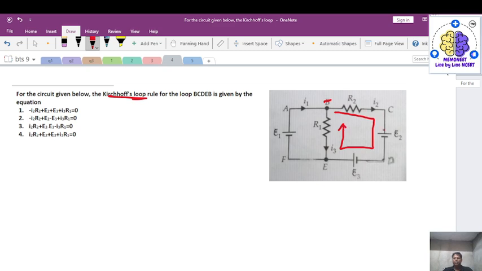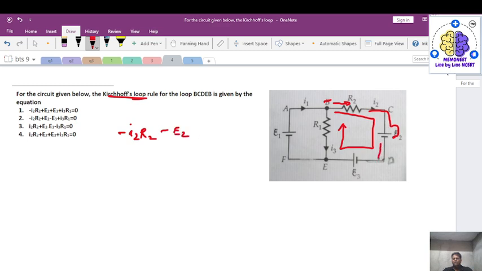So if we move in the direction of current, if I start moving from here, let's start from B, then I2 is moving in this direction, so I would write minus I2 into R2. Then moving forward, we are landing on the negative plate, so it will be minus E2.